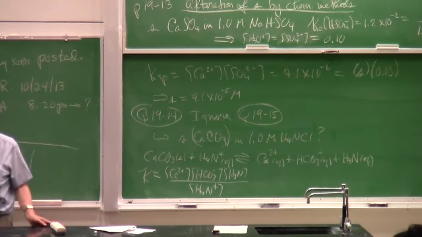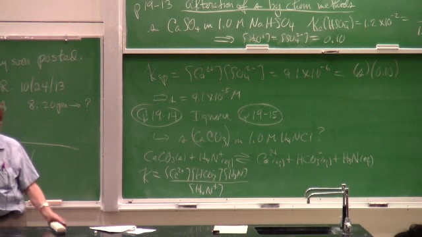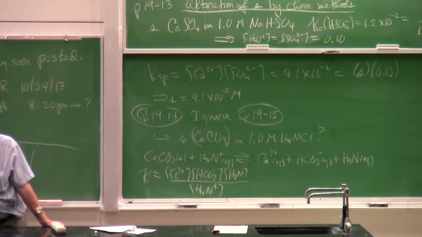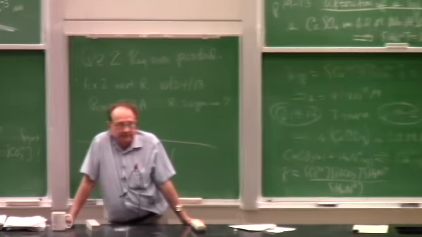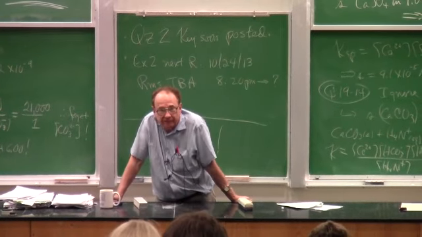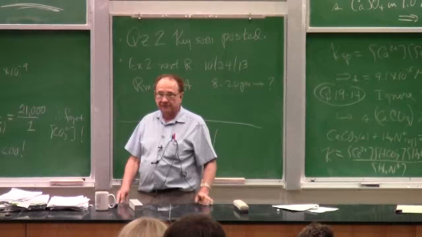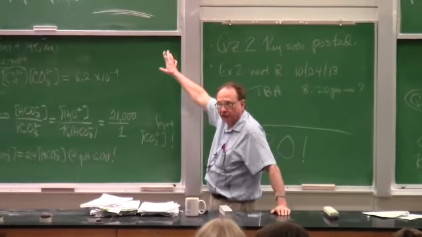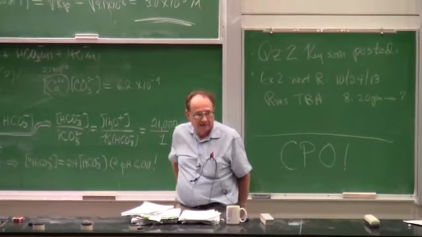How do you think the molarities of those three components of this equilibrium system compare? That's the question. And I shall expect everybody to answer that question when I see you on Friday. Because I'm going to send you all to the board to write the damn solution down, right?